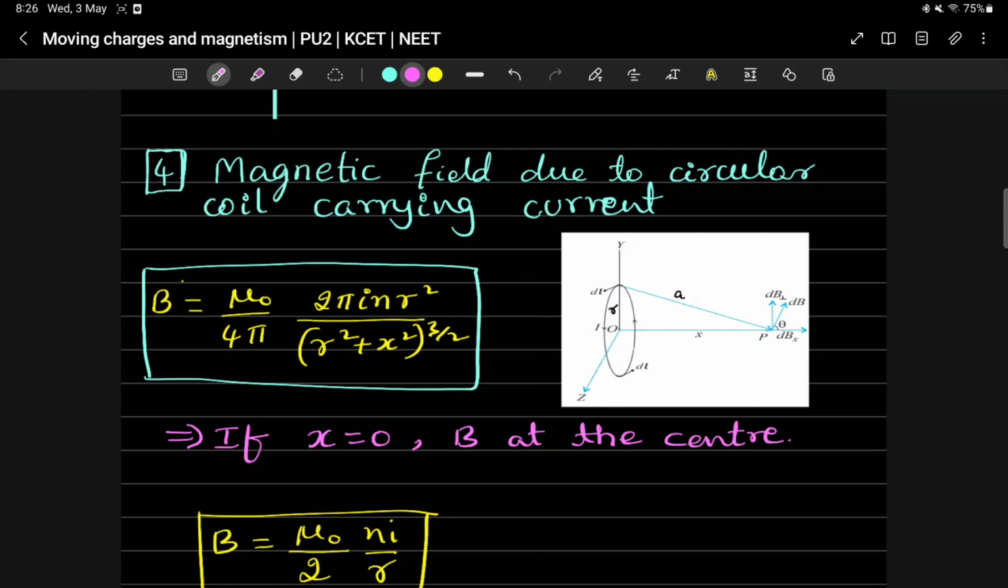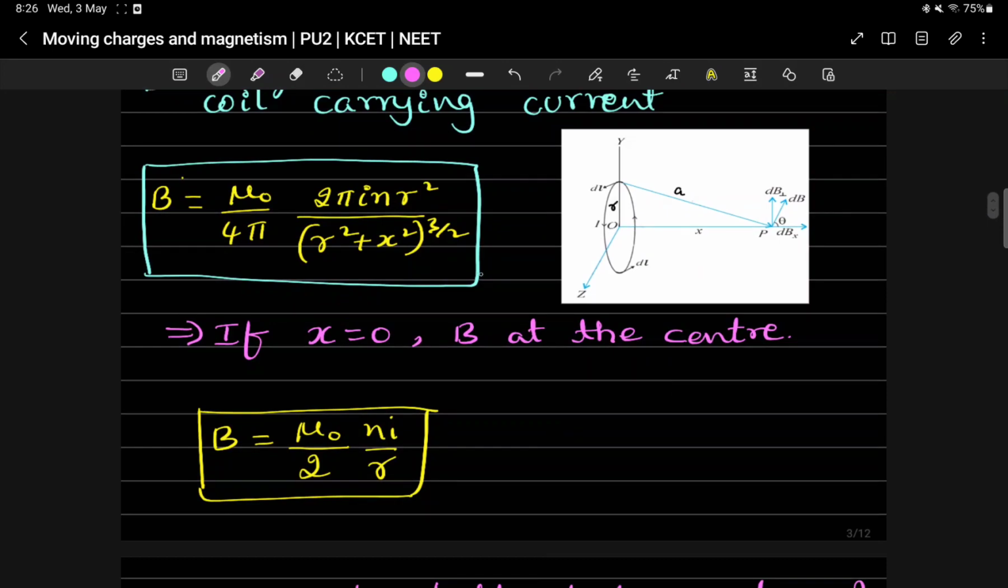Magnetic field due to a circular coil carrying current. Based on this, in previous year's question papers there were somewhere around 3 to 4 questions, maybe 5 also. There were many questions that you can see given in previous year question papers. Very important one. So for that you will get this formula. What is that? B is equal to mu naught by 4 pi into 2 pi I n r square divided by r square plus x square power 3 by 2.